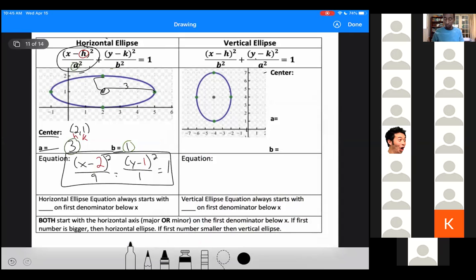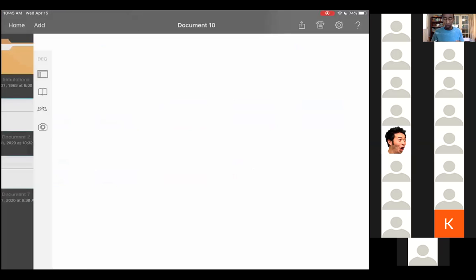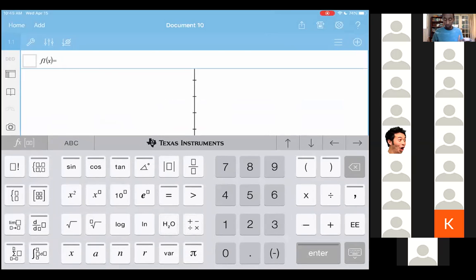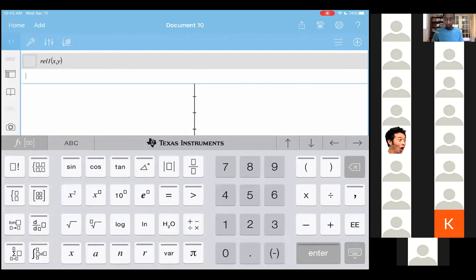And just so you can see how you would graph it, I know many of you may not have the calculator, but if you go to delete and you go to relation, and then, can someone read it to me so I don't flip back and forth, what the equation was?